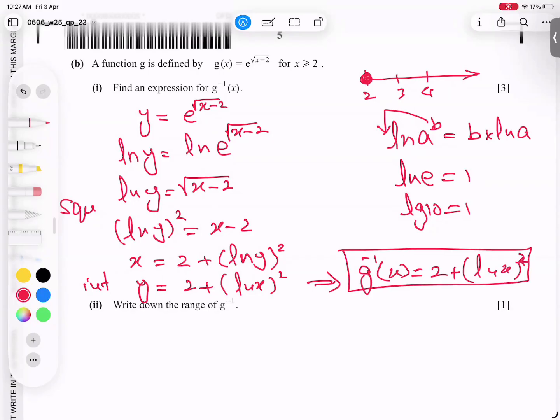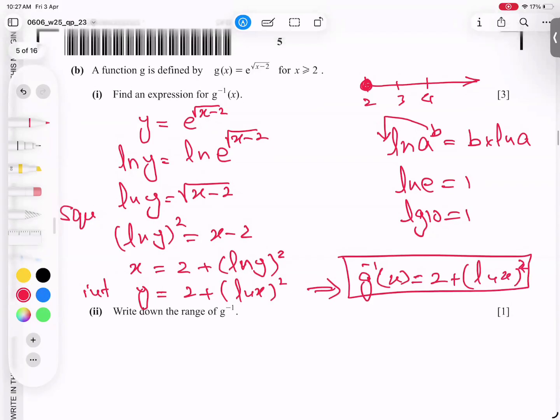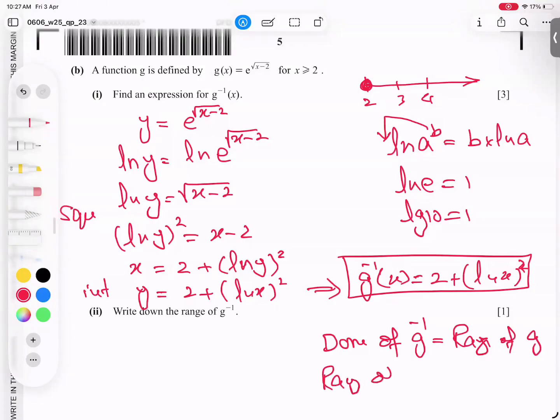Next part, range. Here we have a rule. Let me tell you: the domain of g inverse is basically the range of g. One more formula: the range of g inverse is basically the domain of g.